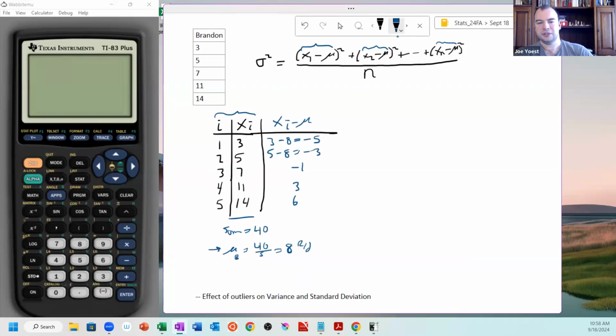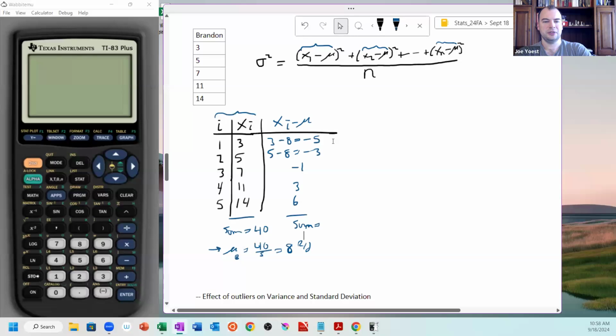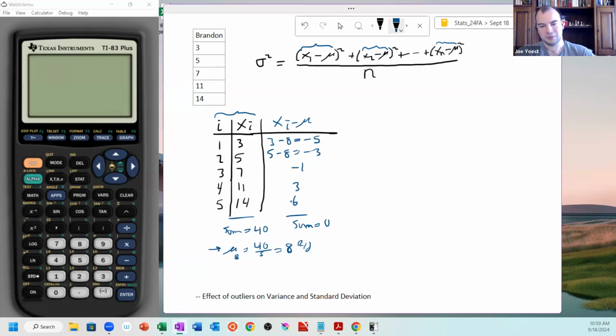Now, one thing I notice here is that this sum was just the sum of the xi minus mu's. That should be 0, right? I can actually check this. 5, 8, 9 to the negative, and 3 plus 6 is 9 to the positive. The sum is 0. That checks out. So I could check this column and make sure it sums to 0, or at least pretty close to 0.